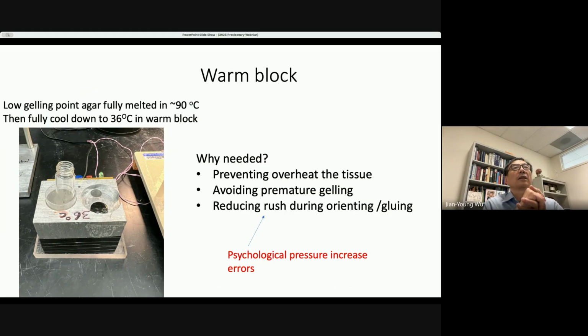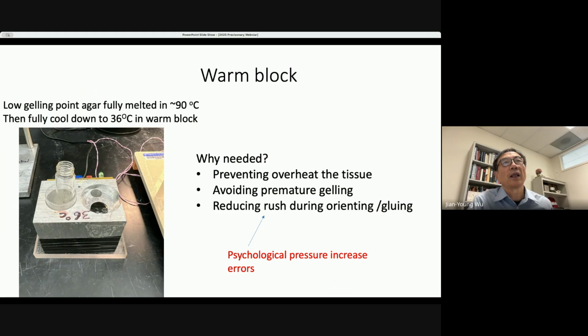Because the low gelling point agar has to be melted at a high temperature, and if after melting you quickly pour it into the cup, the tissue will be cooked by this high temperature. So it's important to cool the liquid agar to 36 degrees, where it still stays liquid but does not damage the tissue.